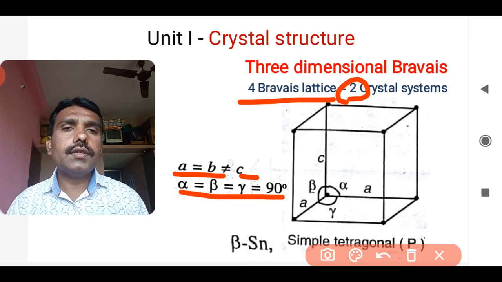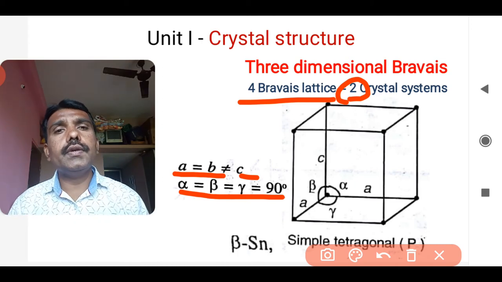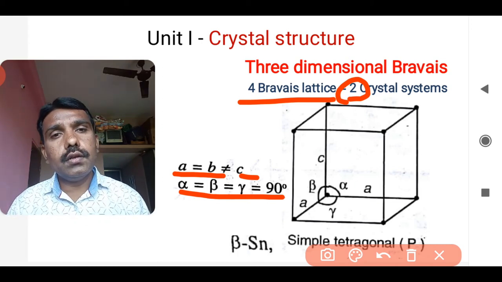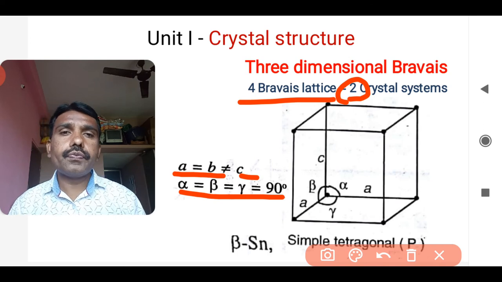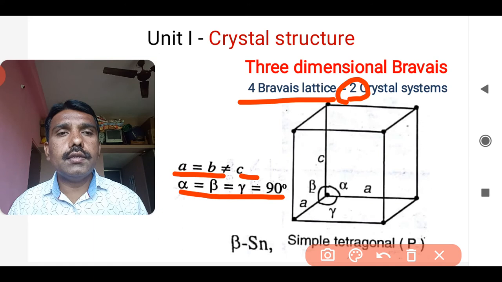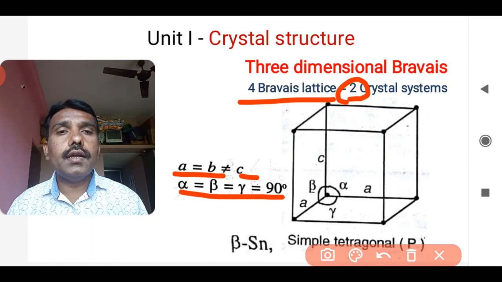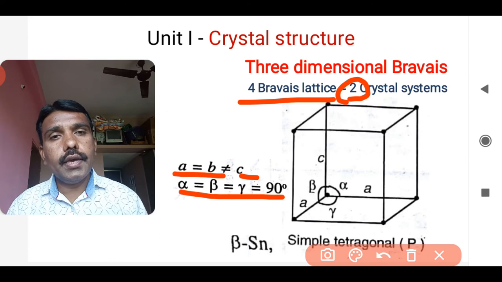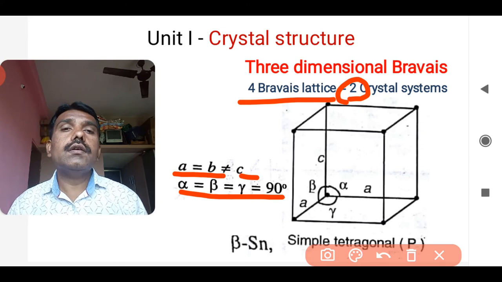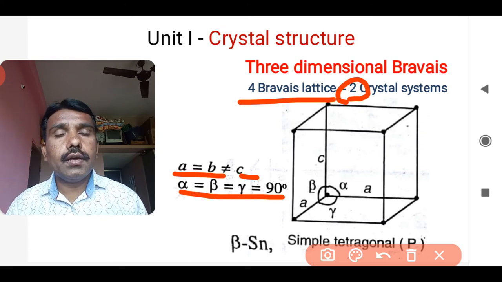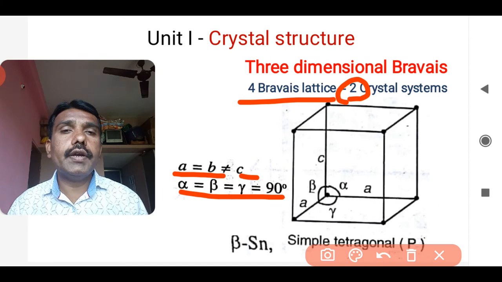As we discussed previously, alpha is the angle between the vectors b and c. Beta is the angle between the vectors a and c, and gamma is the angle between the vectors a and b.